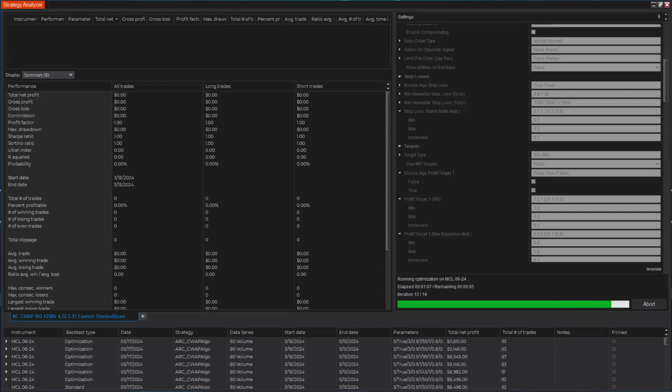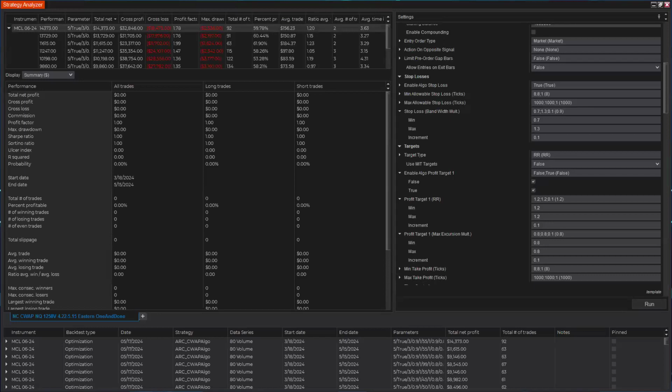So the bottom line is this: let's say you leave a trail stop on, bearing in mind that the risk is the same per contract, but the reward might be totally different. So you may end up with something that is not as profitable as the original trade. Well, then you're better off just trading more contracts on the original trade. But you test them separately is the moral of the story.